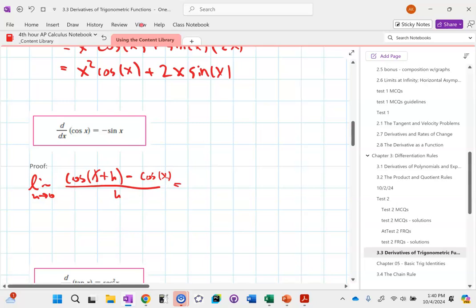My angle sum formula for cosine is, gotta look it up real quick. There it is. Cosine x cosine h minus sine x sine h.